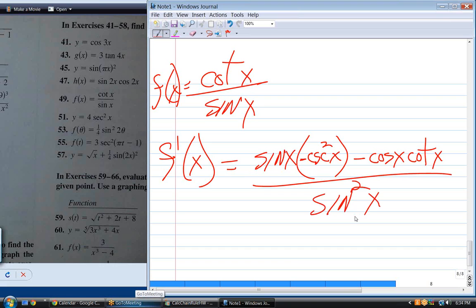Right. Okay, now can we do anything with this? Again, I'm not sure how much they need you to simplify this. Notice that sine and cosecant are reciprocals of one another. So that's the same as 1 over sine squared of x.